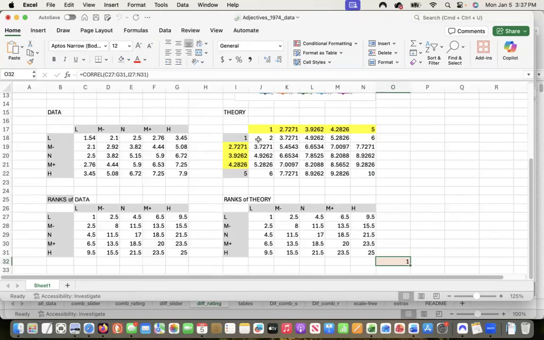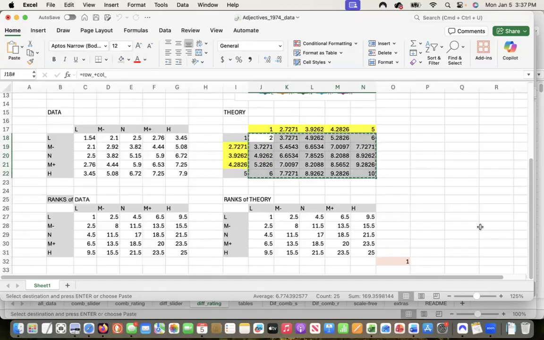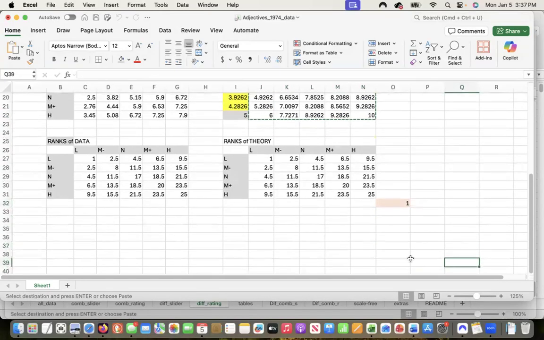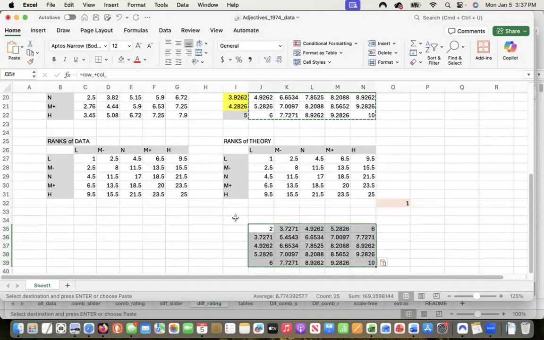If we graph these values, let me just pull them out over here. This is the theory matrix, just copied over the values.